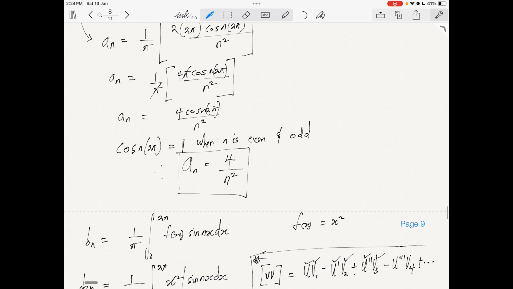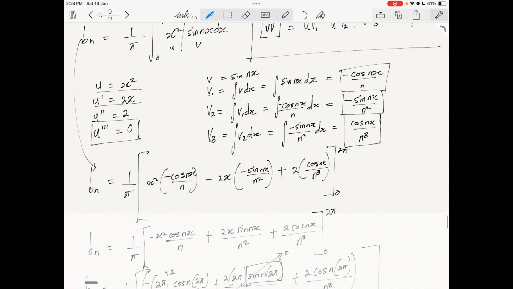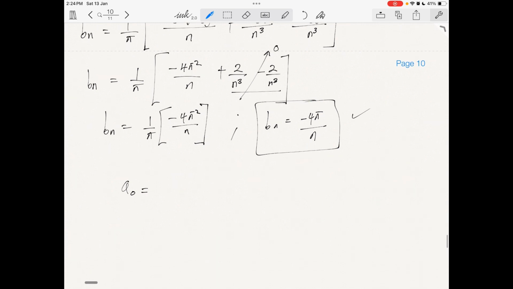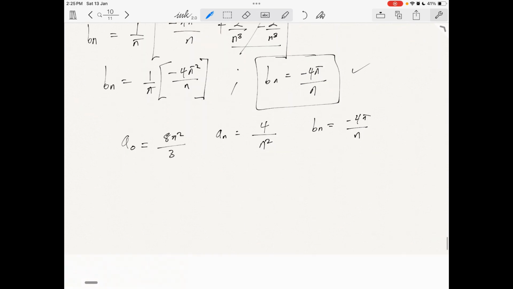An is equal to 4 over n squared, and Bn is minus 4 pi over n. So A naught is 8 pi squared over 3, An is equal to 4 over n squared, and Bn is minus 4 pi over n.